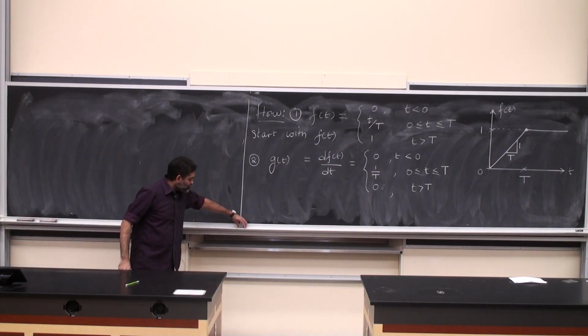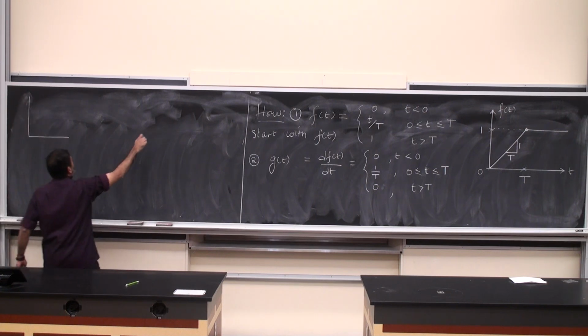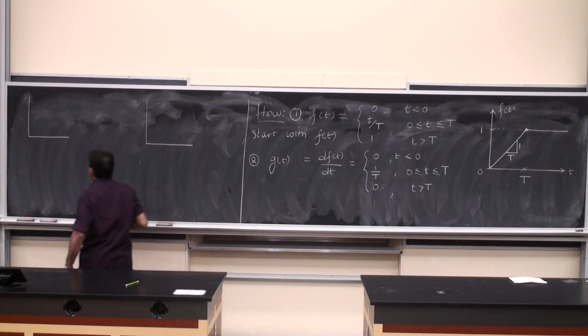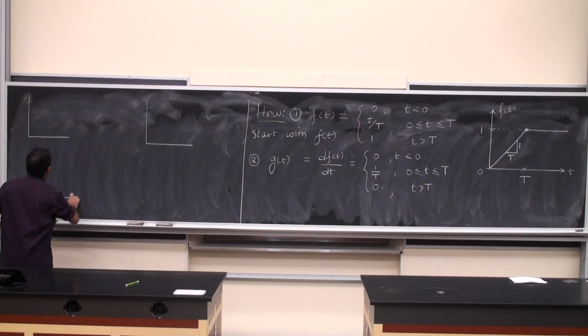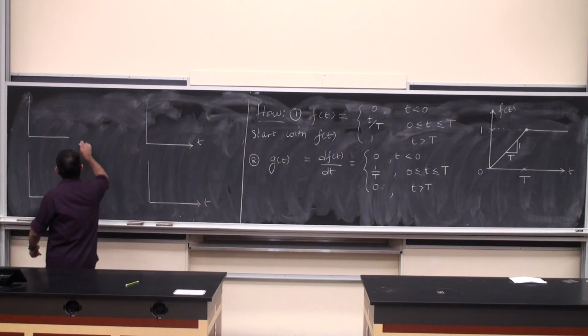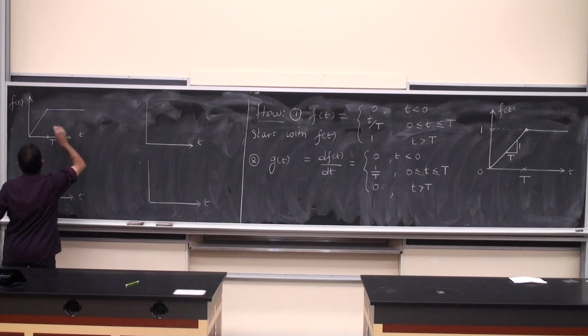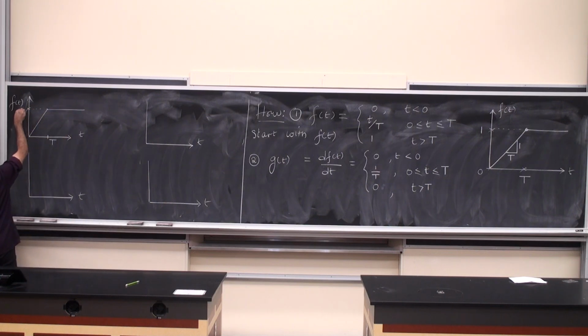Okay. So figure 1, 2, 3, and 4, all in the same panel. Time. Okay. First figure is f of t. And we know this is a ramp until capital T. Has a magnitude of 1 as I pass capital T. Okay.